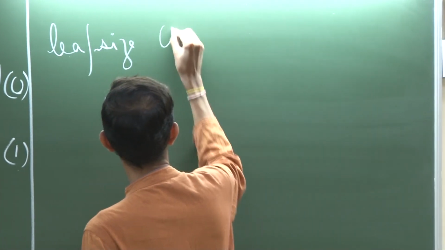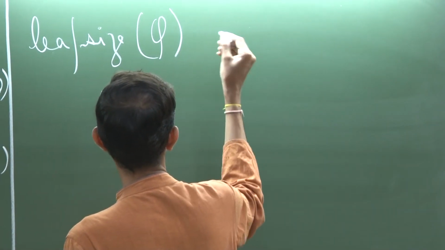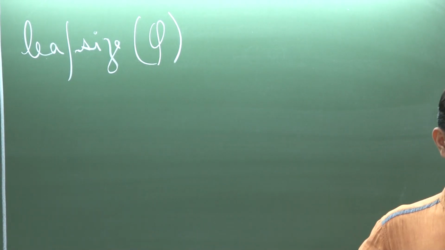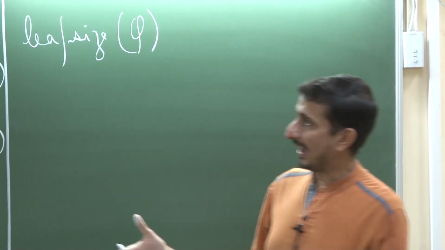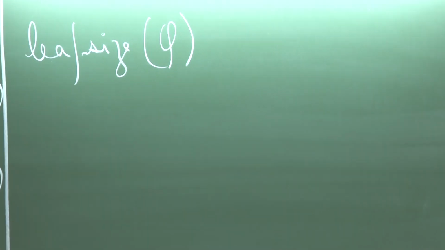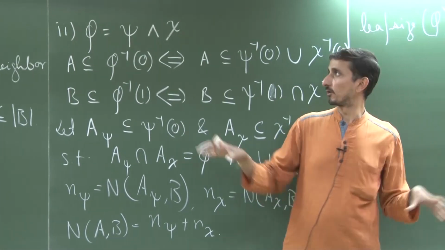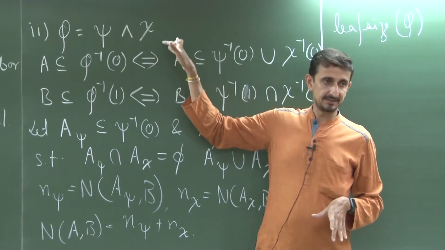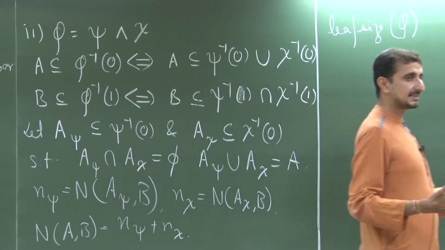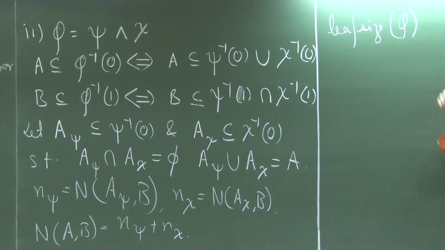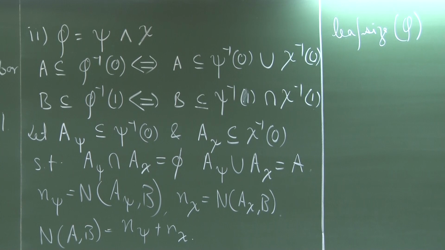Leaf size of phi. So, phi is a formula, which means it is a tree, and how does the formula look like? The formula has an AND gate at the top, and there are two subformulas, psi and chi. So, what can I say about the leaf size of phi in terms of the leaf size of psi and chi? It is just the addition.